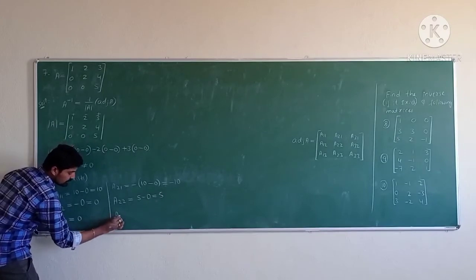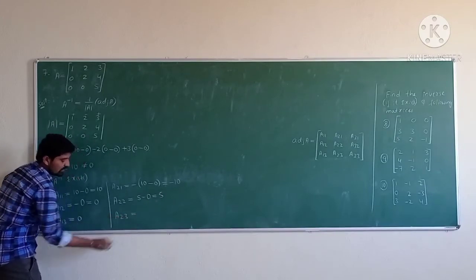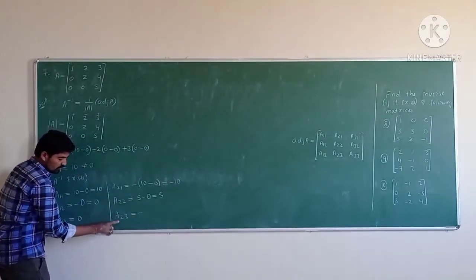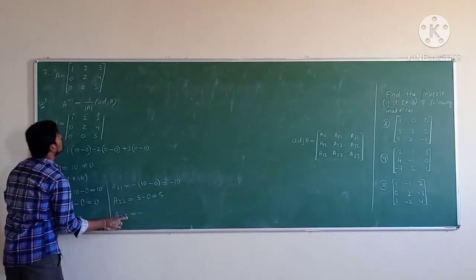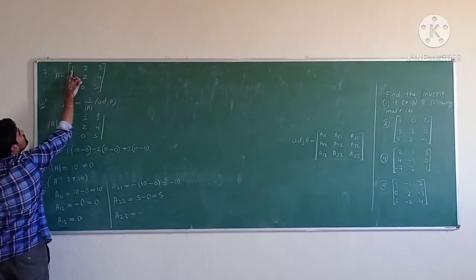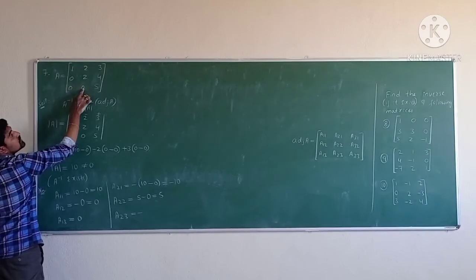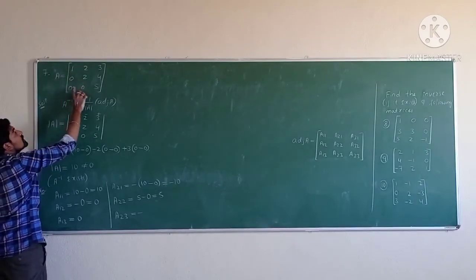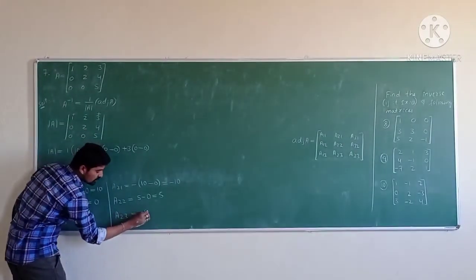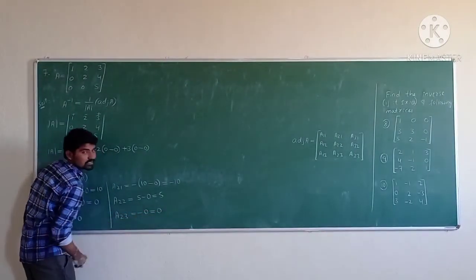Next A23, 2 plus 3 is odd, therefore multiply by minus, and it is obtained by deleting the second row, third column. After deleting this second row, third column, remaining elements 1, 2, 0, 0, 1 into 0 is 0, minus 0 into 2 is 0, so 0 minus 0 is equal to 0, which is equal to 0.